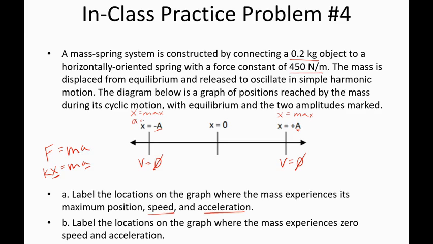So acceleration is max here. Acceleration is max here. And acceleration is 0 at your equilibrium position. Okay. And then if your velocity is the smallest here, with your x at its maximum, then x is your minimum here, and therefore velocity is your maximum here. Your velocity is your maximum at your equilibrium position.